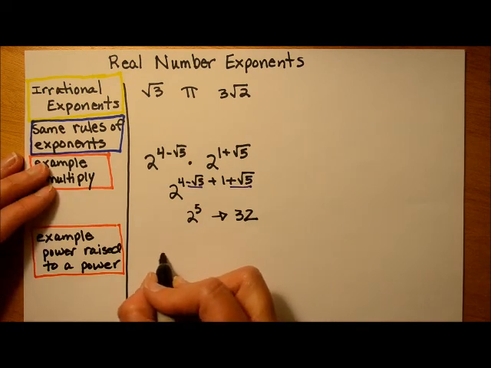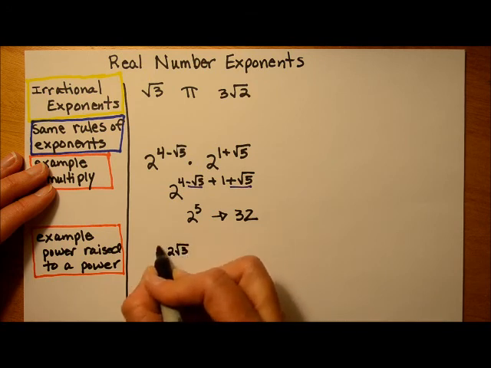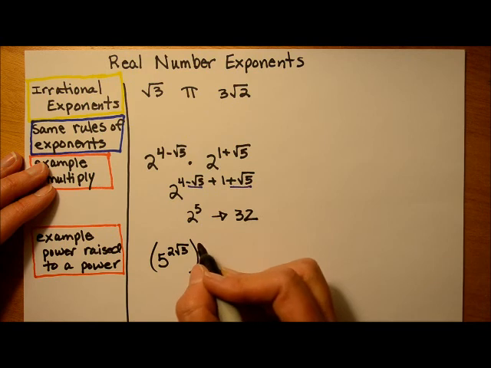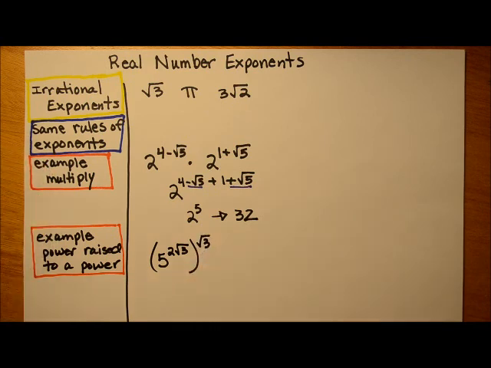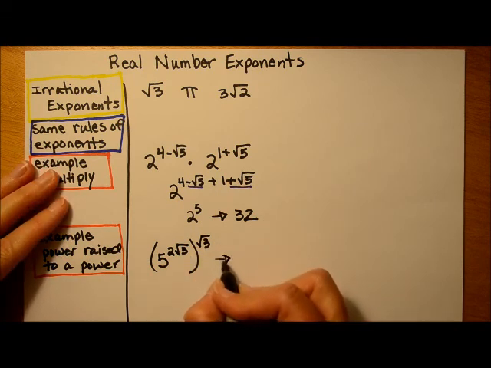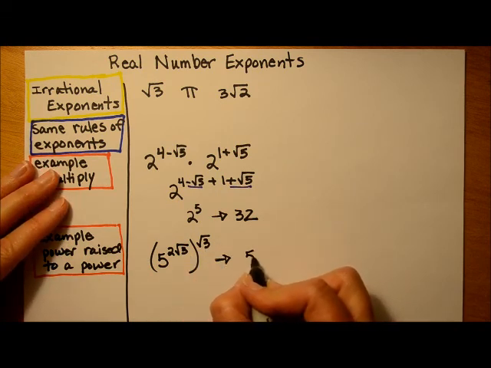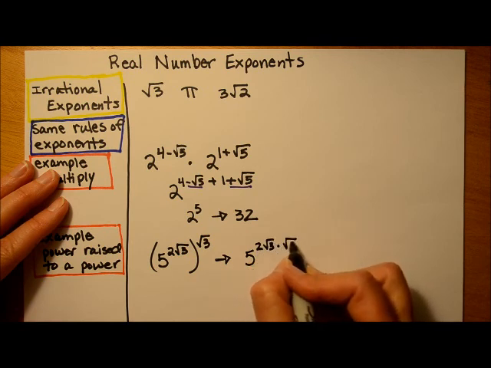So I have 5 to the 2 square root 3, all raised to the square root 3. Remember, it's the same rules. When you go from a power raised to a power, what you're going to do is multiply. So I end up with 5 to the 2 square root 3 times square root 3.